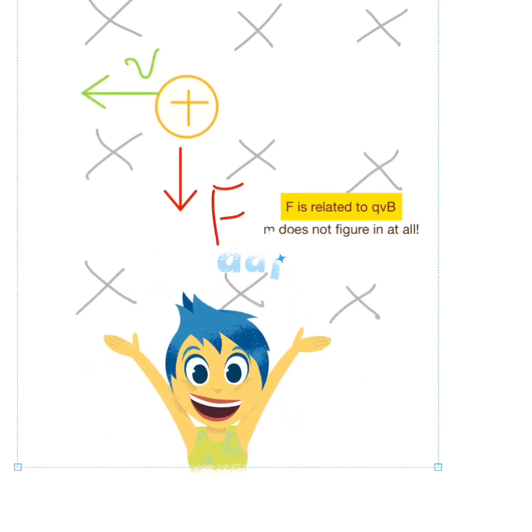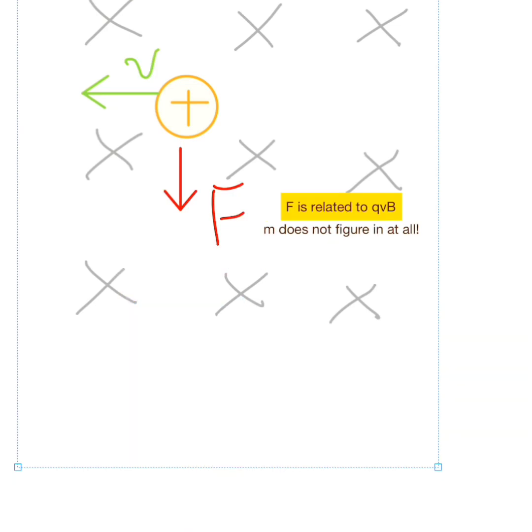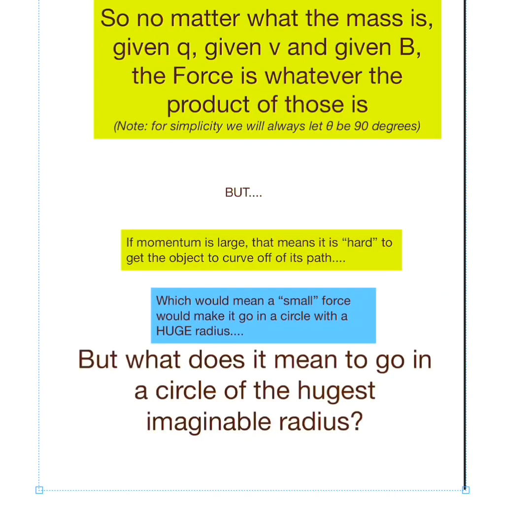Oops, wrong diagram. Looks like I used my left hand by accident. Here's the real one, with v going right to left, the field going into the board. We see that we get a force towards the bottom of the board. So no matter what the mass is, given q, given v, and given B, the force is whatever the product of those three quantities is.